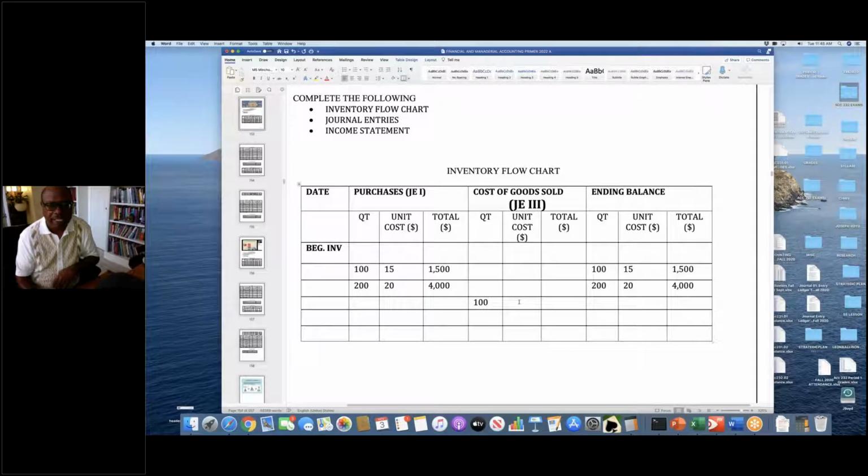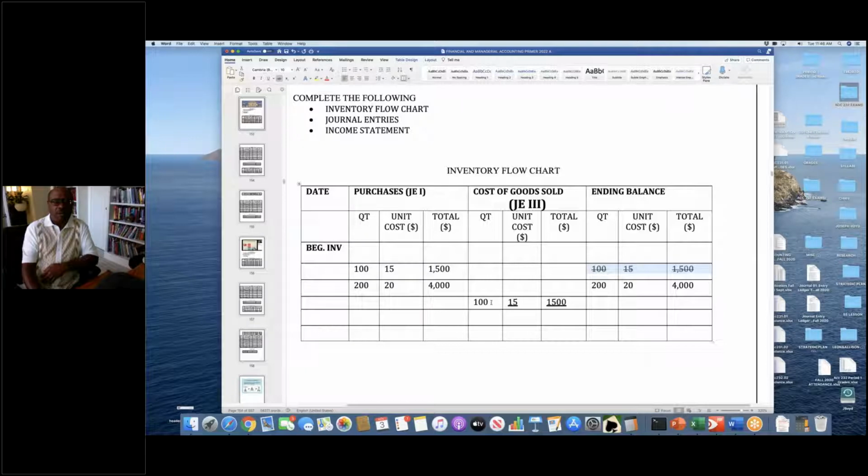It costs 1,500. These are now all gone. We sold them, so that's why we're over here also, because we're keeping track.